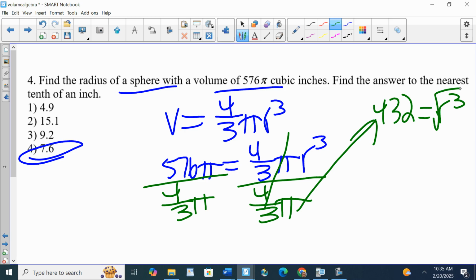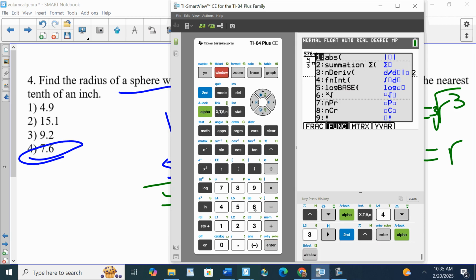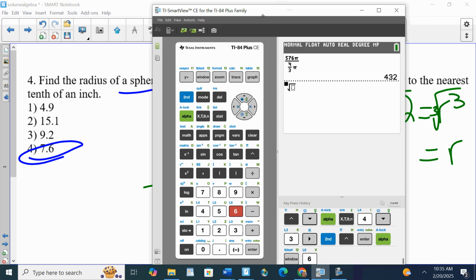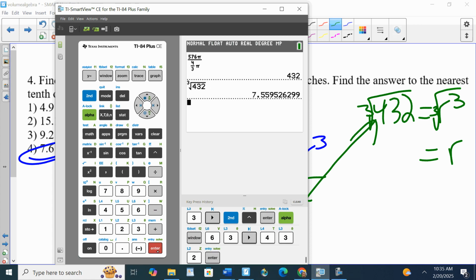To get rid of a cubed, I do the cubed root. There's a couple different ways to do it. I'm going to go alpha window 6, because that's how we do it in Algebra 2. Cubed root of 432, and then I round that to the nearest tenth, and I get my 7.6.